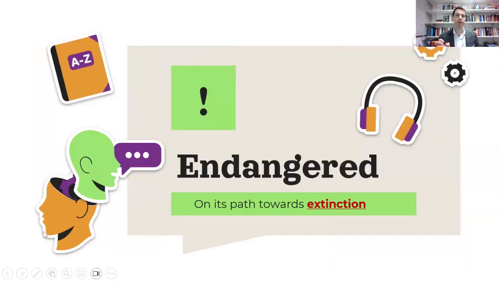Now, how do we define endangered? Well, according to UNESCO, an endangered language is a language that is on its path towards extinction. Now, there are at least a couple of problems with this notion. First, extinction is an organic metaphor that we're using in order to talk about languages.